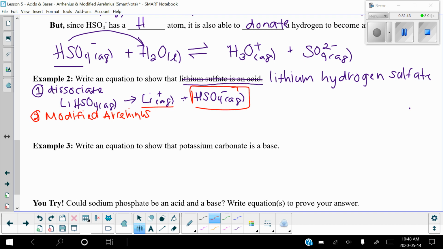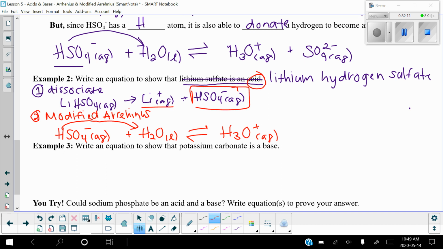So that means it needs to donate a hydrogen ion. So HSO4 minus aqueous plus water, equilibrium arrows. Now we want to prove that it's an acid. So I'm going to show it donating a hydrogen to produce hydronium and sulfate ion.